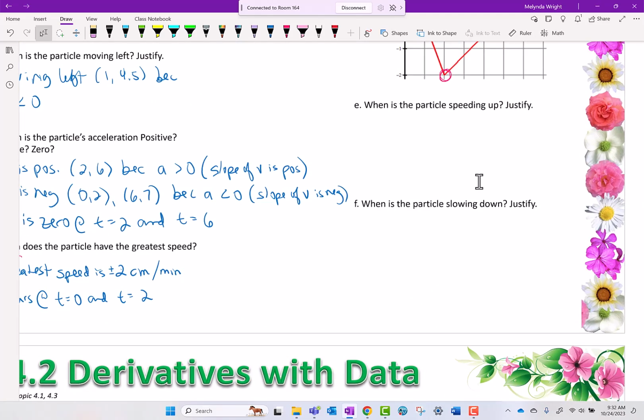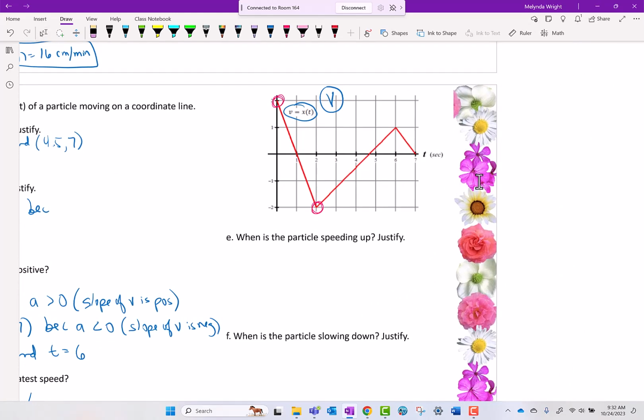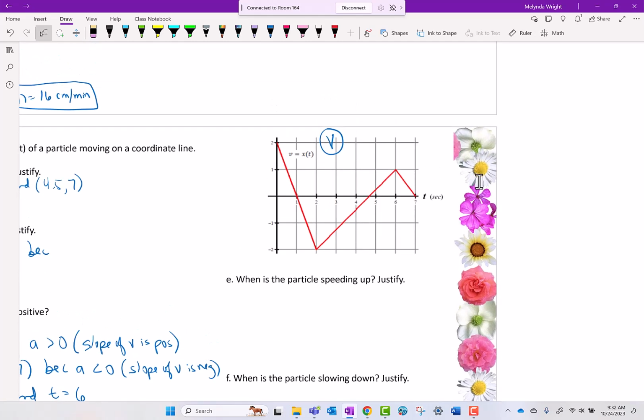All right, so now we're talking about speeding up and slowing down. Well, speeding up and slowing down, I need to compare velocity and acceleration. Now, the easiest way for me to compare is with a sign chart. You don't have to do sign charts, but I'm going to. So this is my velocity sign chart up here, and this is where velocity is 0.